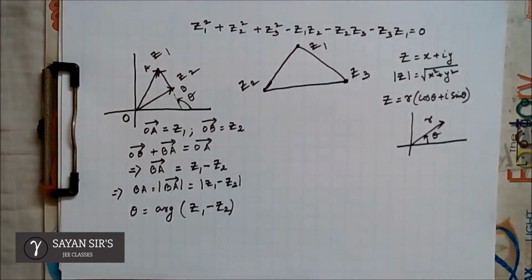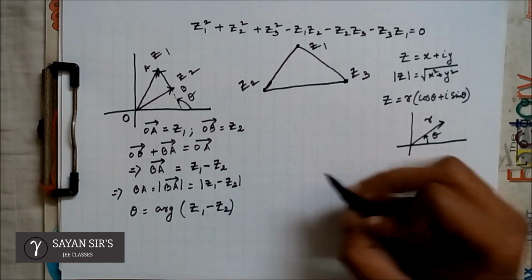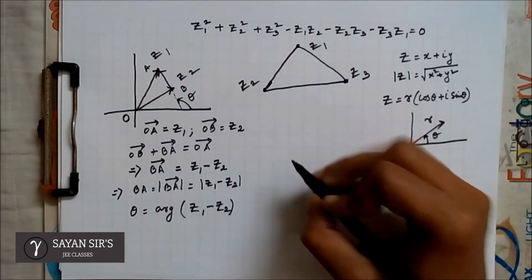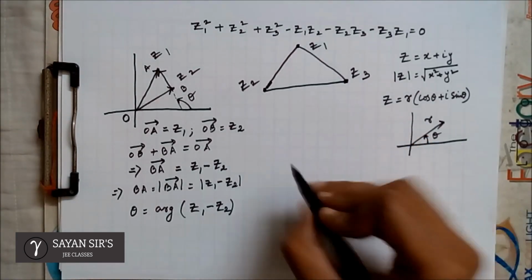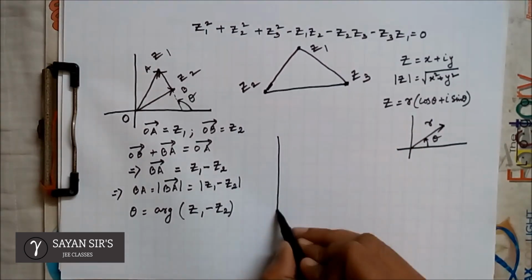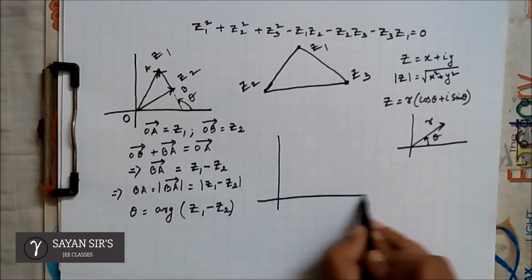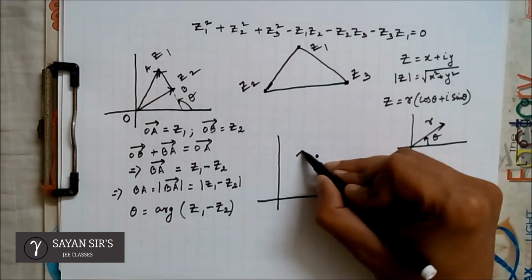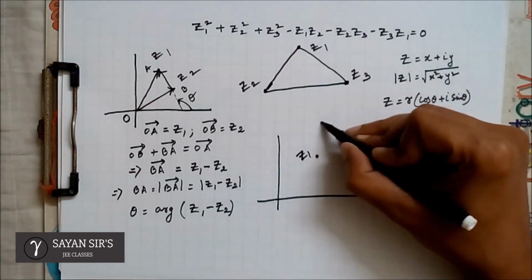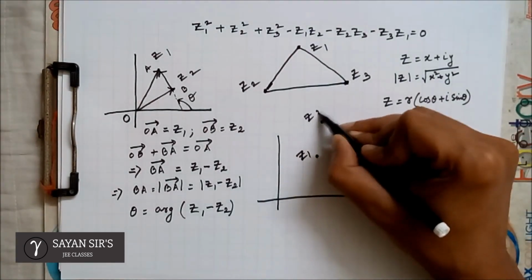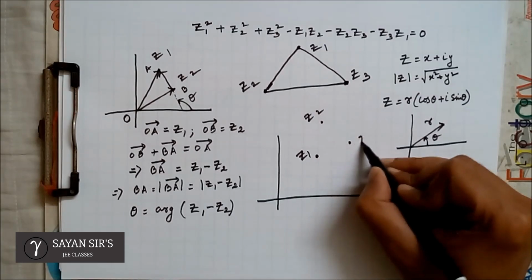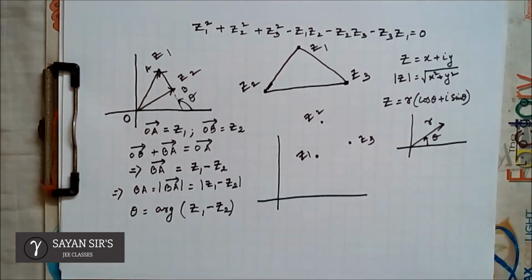So if we extend this idea a little further, let us do this with three complex numbers now. So I have a complex number Z1 here, I have a complex number Z2 say here, and another complex number Z3 denoted by this point here.